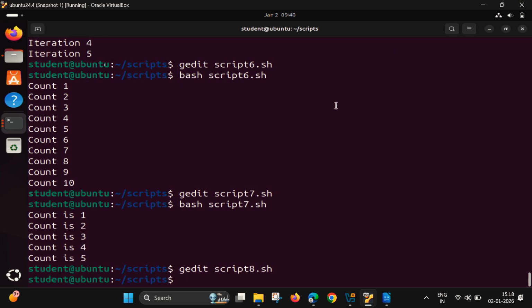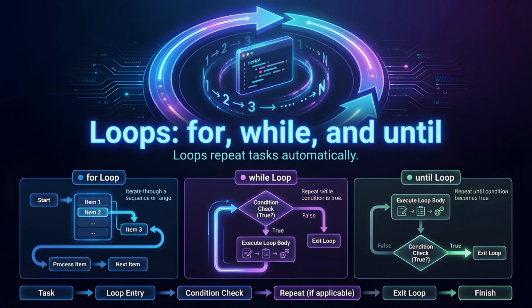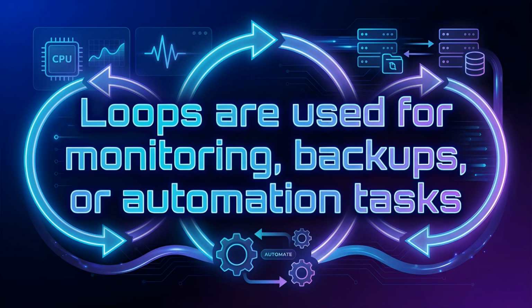Now let me run it. And again we got the output 1, 2, 3, 4, 5. In this way we can use the loops, and loops are used for monitoring, backups or automation tasks.